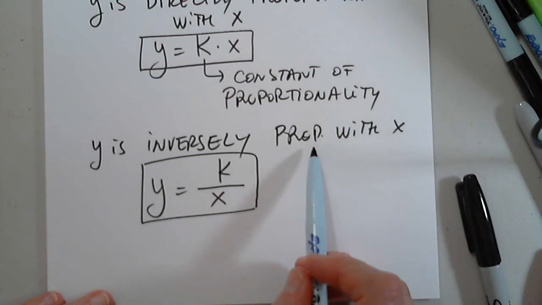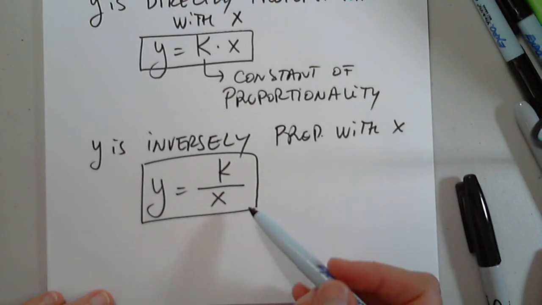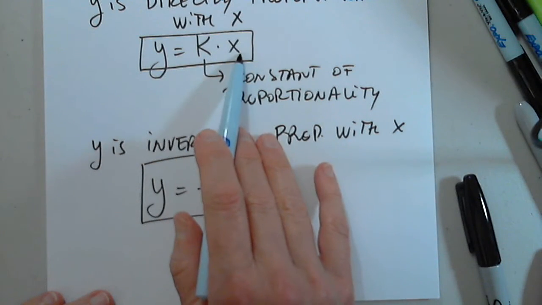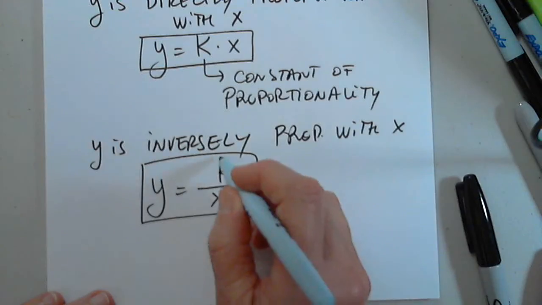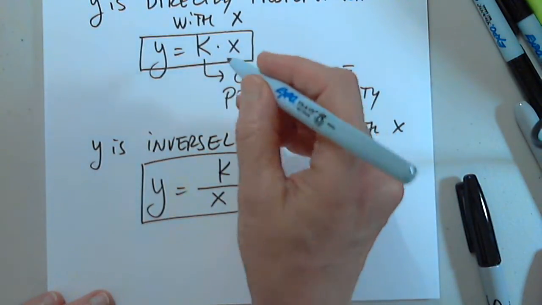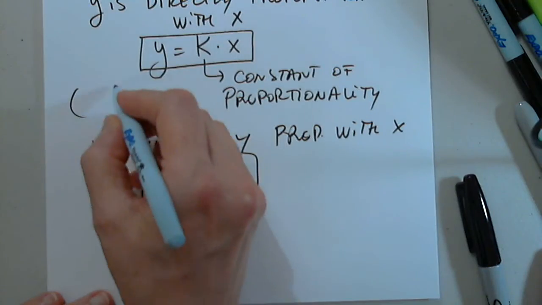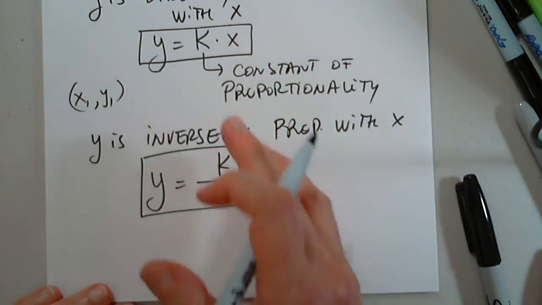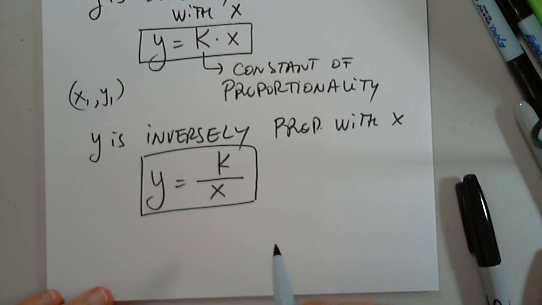So inversely proportional, or varies inversely with x, it's k over x. Directly is k times x. And normally we will be able to determine the constant of proportionality given a particular x and y. For a particular point, x1, y1, you will be able to find k. That is always the same for a particular function or instance.